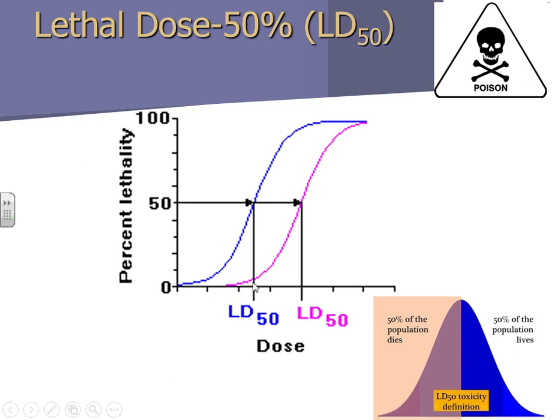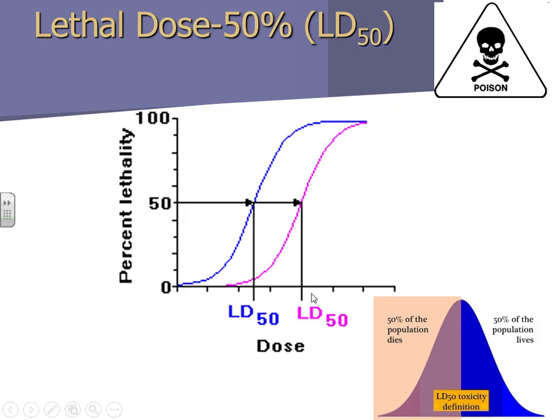For the purple line, go over to the purple line, go down. It's just a different chemical or toxicant, and we would identify the LD50 as right here. Again, this is on the x-axis, so this is going to be a dose.